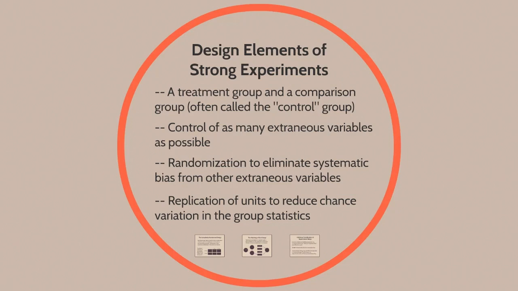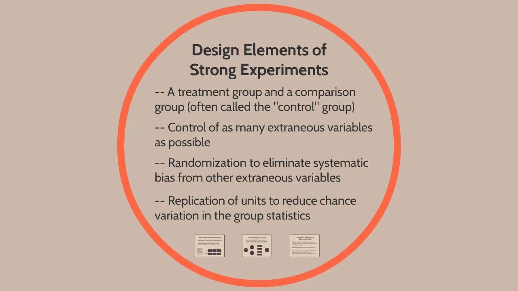Then what we do is we control as many extraneous variables as possible. So in that example, we would want to, for instance, consider extraneous variables like what is the status of the disease? We certainly don't want those with a disease that is more pronounced, that is longer term, that has taken more hold on a body, to be one group, and then the other group, it's a disease that just had early onset.